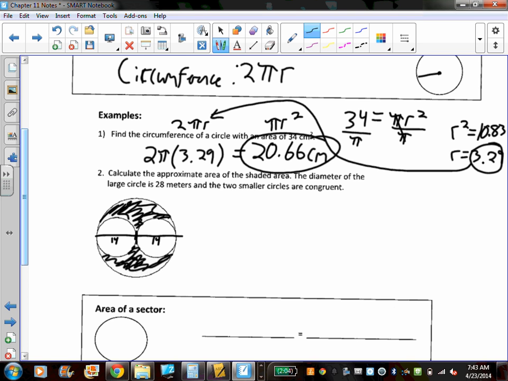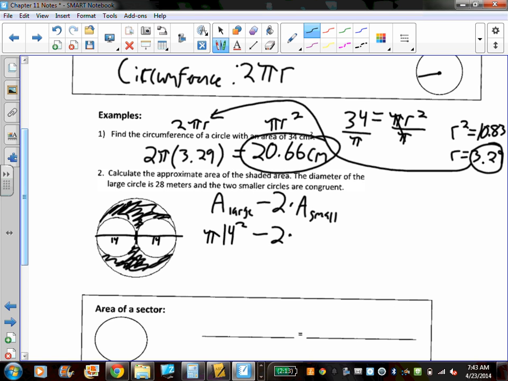What we can do to solve this problem is find the area of the large circle and subtract 2 times the area of one of the small ones, and we'll have what we need. Well, the area of the large circle, just a quick reminder to our AP teachers, is going to be pi, and the radius of the large circle is 14, so it's going to be pi times 14 squared, and then we'll subtract 2 times the area of one of those small circles.